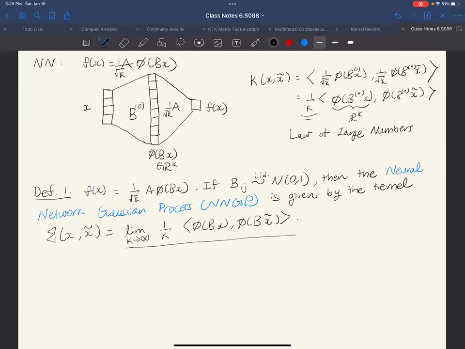I'm going to want a little bit more space, but let's start with the proposition on this page. Okay. So under the setting of definition 1, we can simplify this NNGP as follows. It's going to look a little complicated with a lot of variables coming in, but as we'll see, it's really just a few lines of computation.